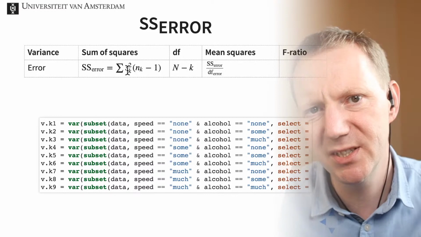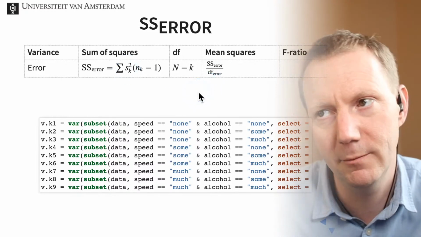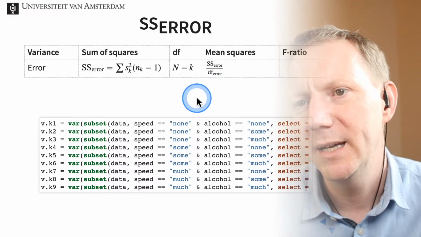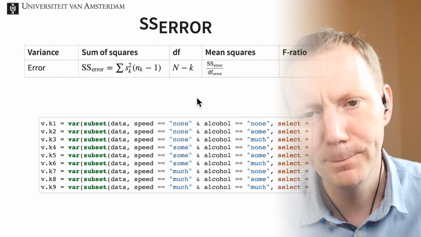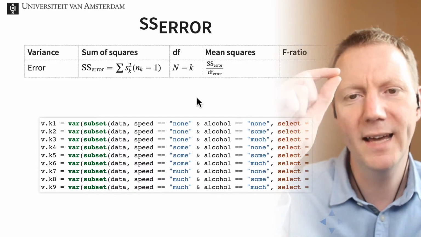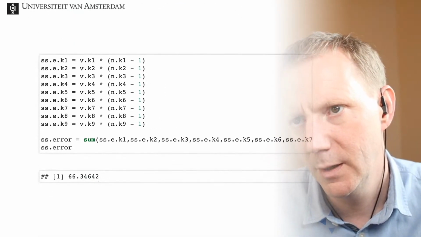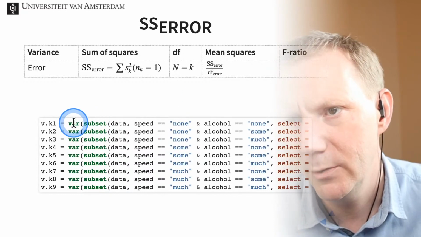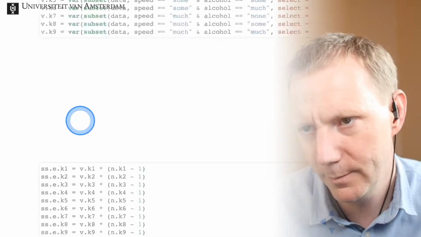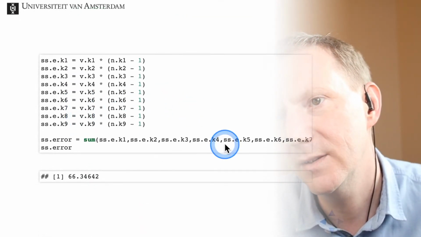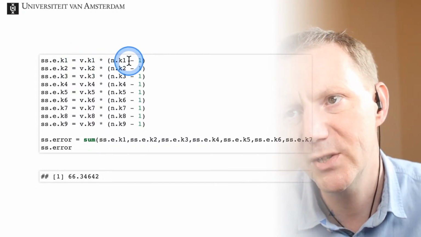But what it's actually stating here, and I'm using this formula because Field is also doing that, is actually, what is the sums of squares? What are the distances between the actual score and the mean within the group where the individual is put into? So I'm simply using the variance function in R to determine the variance within the first group, and I'm multiplying that by the degrees of freedom for that group.